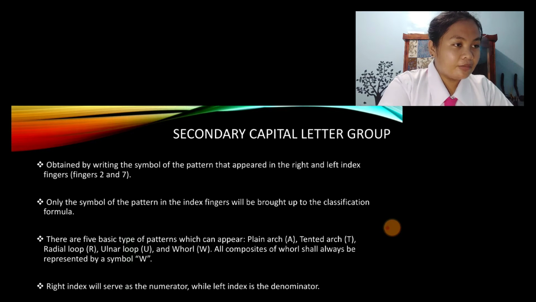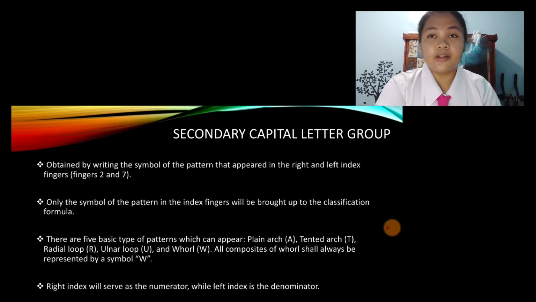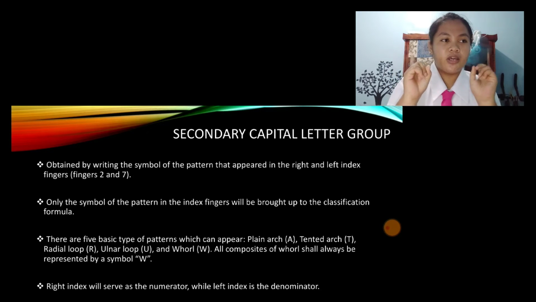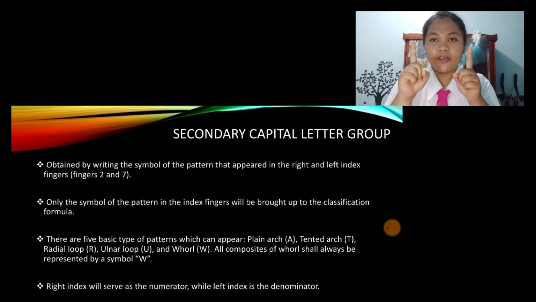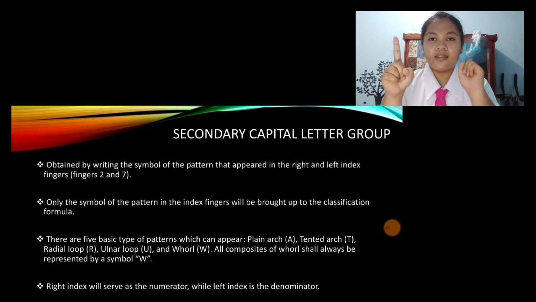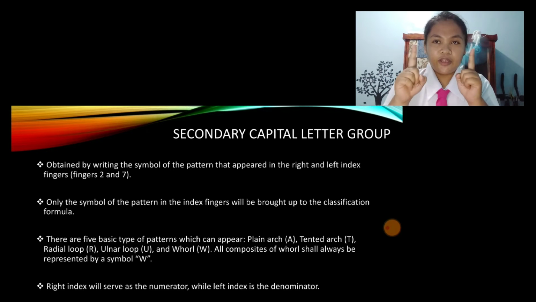It is obtained by writing the symbol of the pattern that appeared in the right and left index fingers, or fingers number 2 and number 7. So in the secondary capital letter group, only these two fingers, the right and the left index fingers, are included.